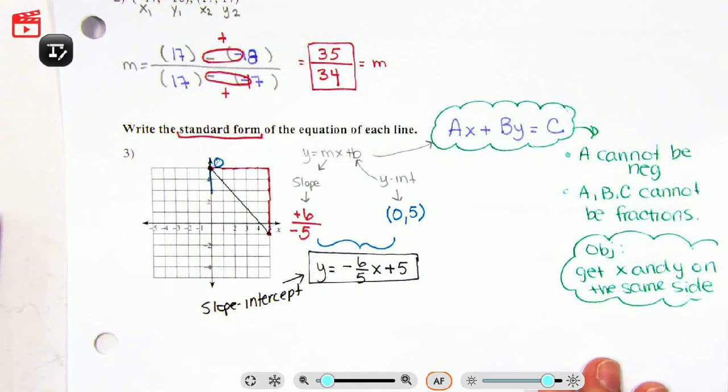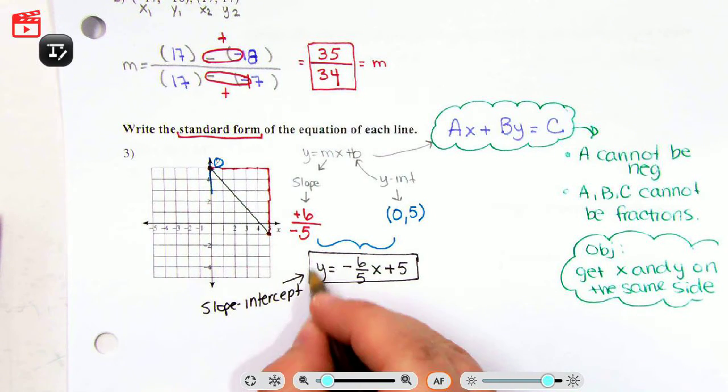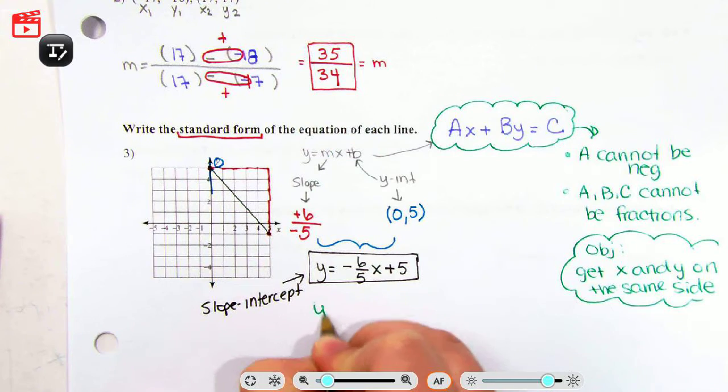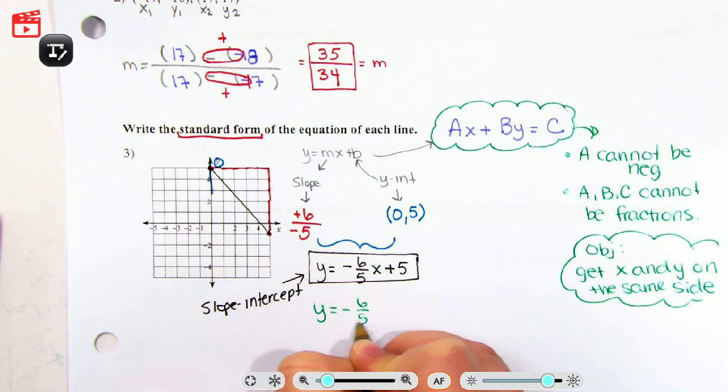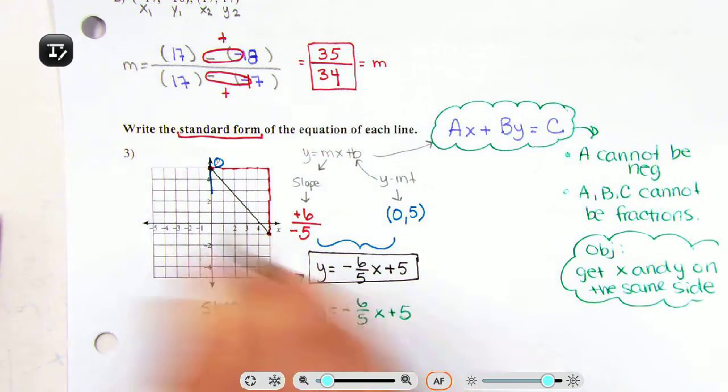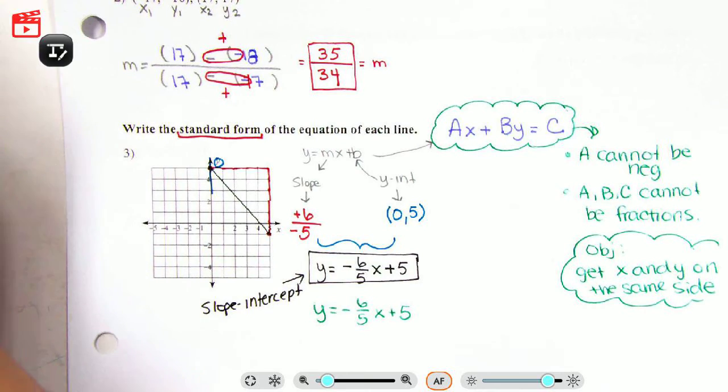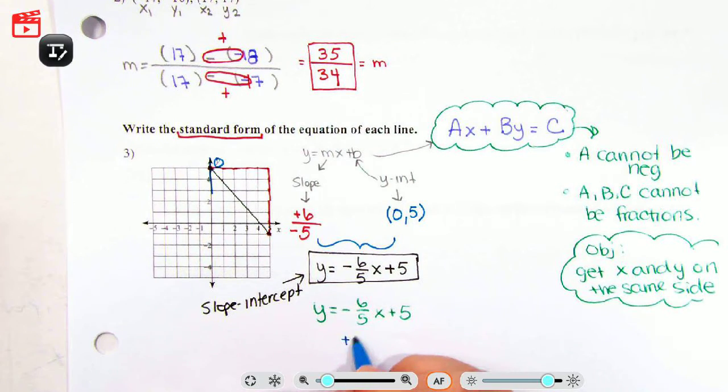We want it on the same side. So if I have a y here and I need an x, I'm going to rewrite my equation, not formula. I'm going to add 6/5 x to both sides. Now don't worry about it being a fraction. We'll take care of that later.